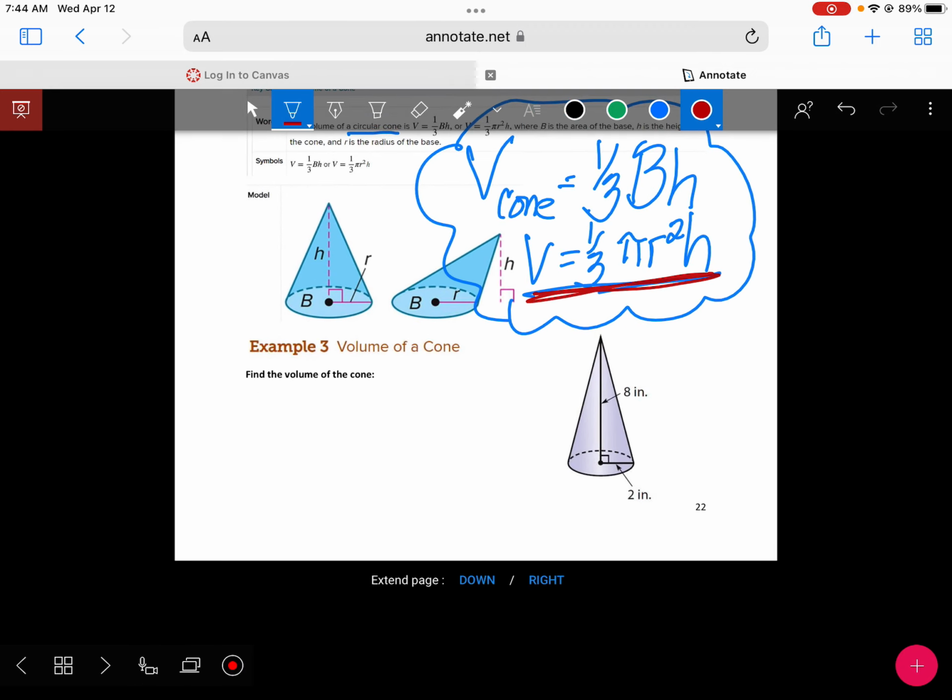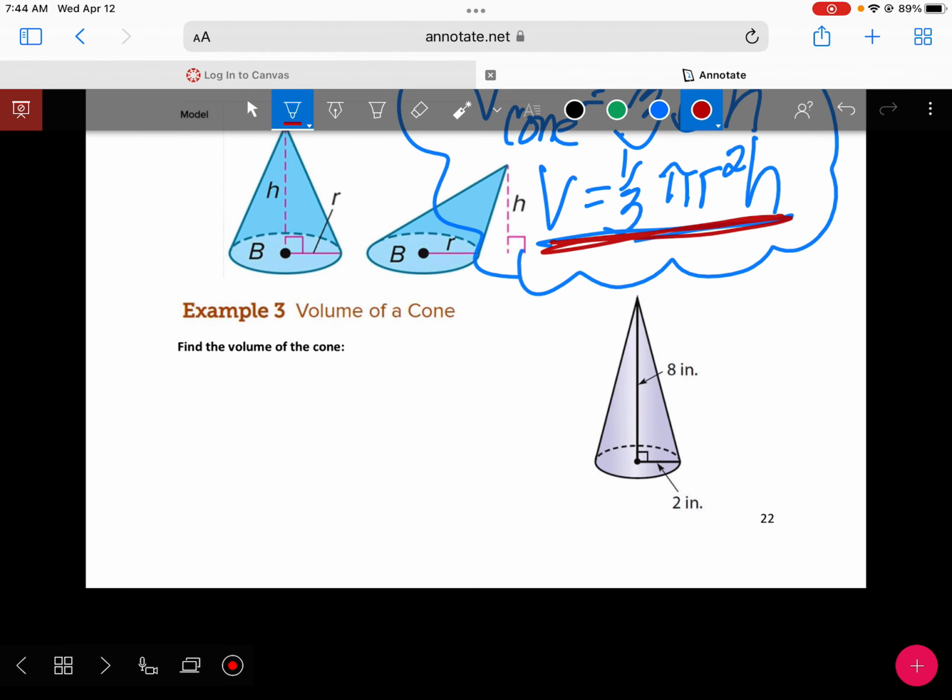Okay. So let's do example 3. Let's use that formula with some actual numbers. Volume equals 1/3 times the area of the base times the perpendicular height. 1/3 times my base, which is a circle, is pi radius squared.